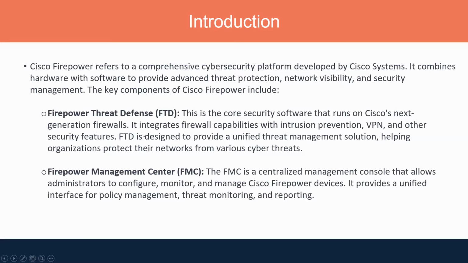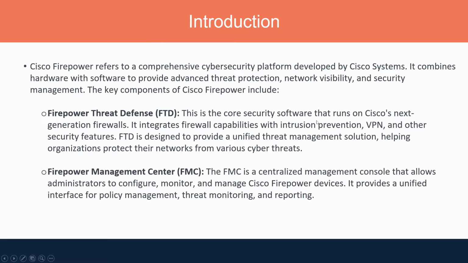In Cisco Firepower, there are two key components. One is FTD, the Firepower Threat Defense system, and the other is FMC, the Firepower Management Center. The FTD is the actual firewall device, so the traffic filtration and protection is provided by the Firepower Threat Defense itself.